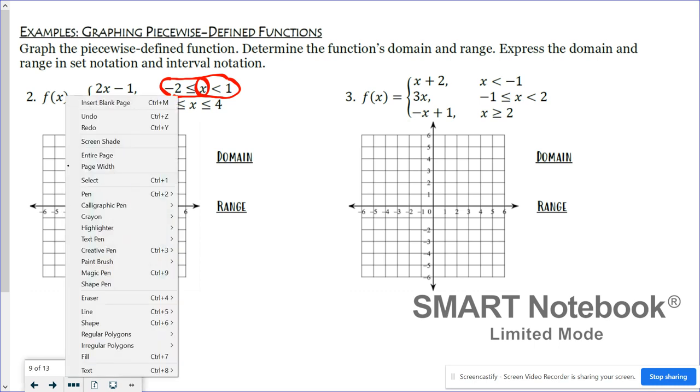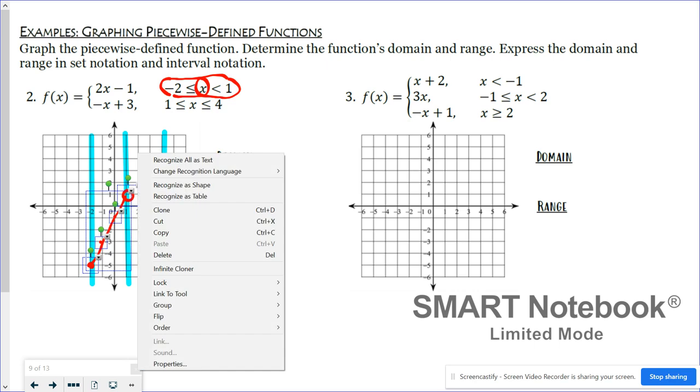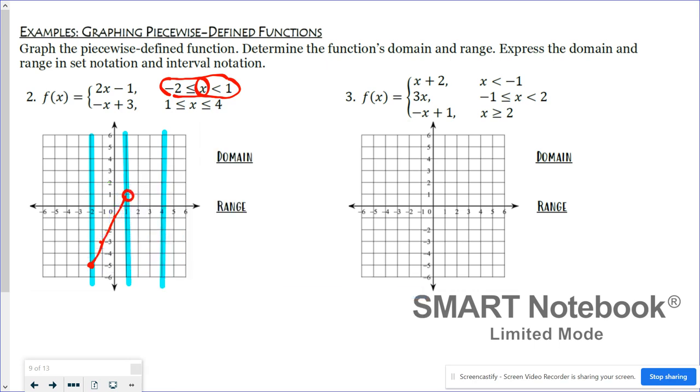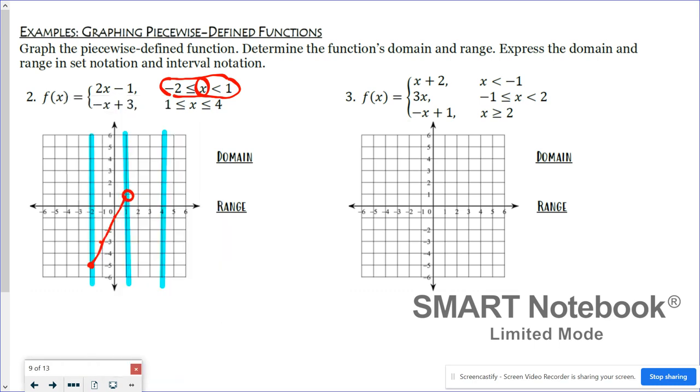Okay, so now I'm ready to graph the next piece, but let me lock all those in because I'm going to be erasing and I don't want to erase all my hard work, right? So now I'm going to graph the piece negative x plus 3. To graph that, I'm going to start at positive 3 on the y-axis. My slope is negative 1, so I'm going to go down 1, right 1 repeatedly.